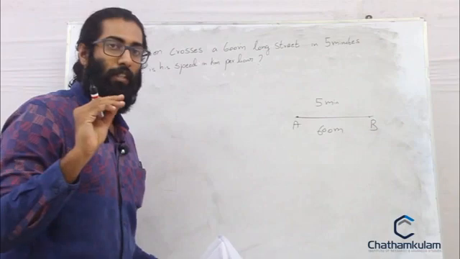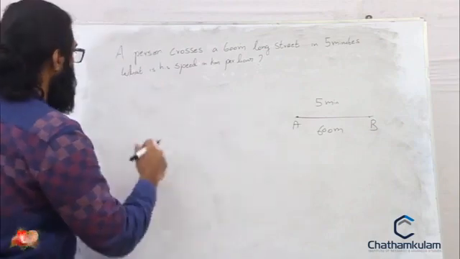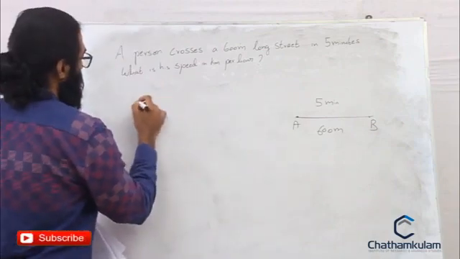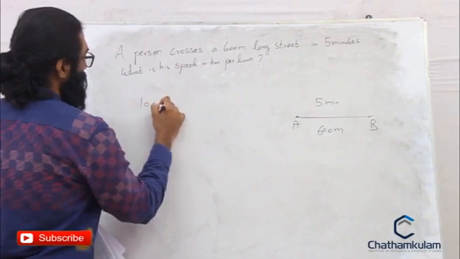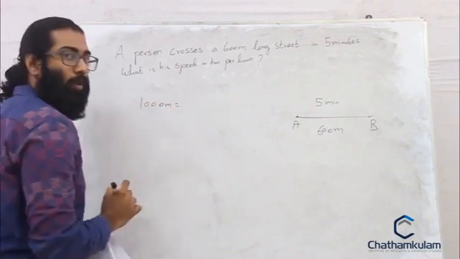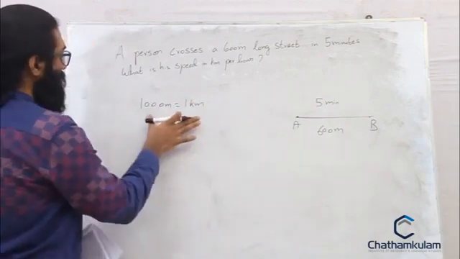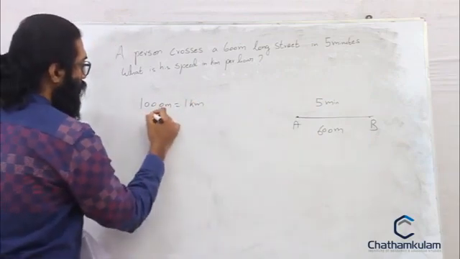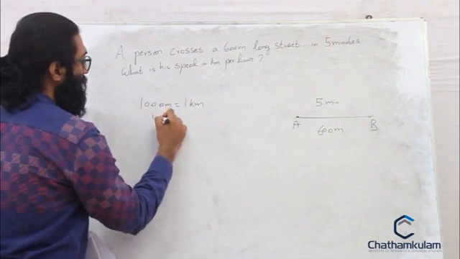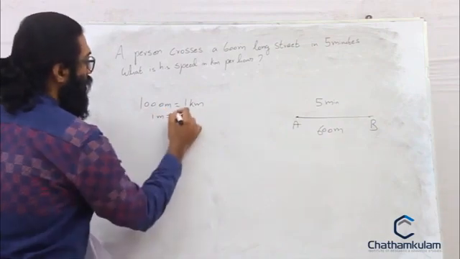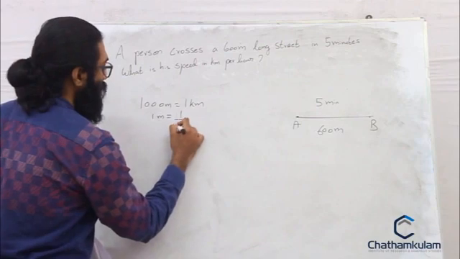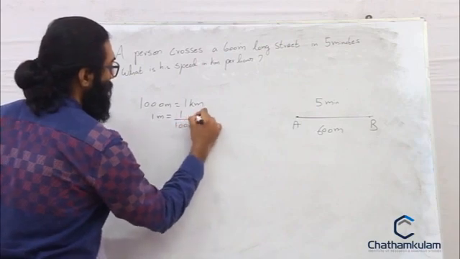Before that I will just say a small concept, that is 1000 meter is equal to 1 kilometer. This is all we know. So 1 meter equals 1 by 1000 kilometer.